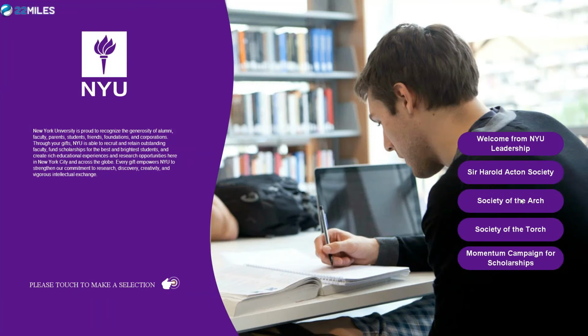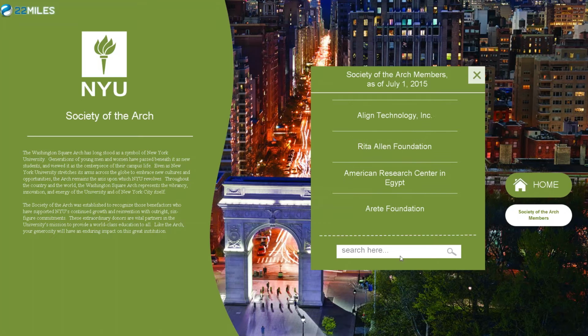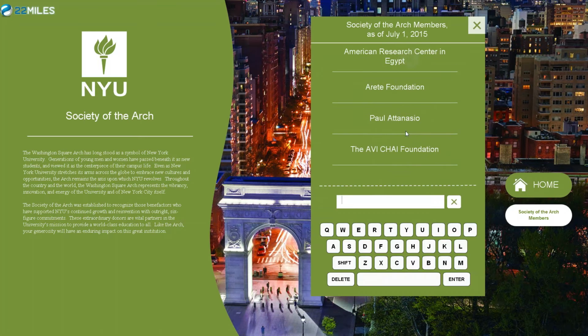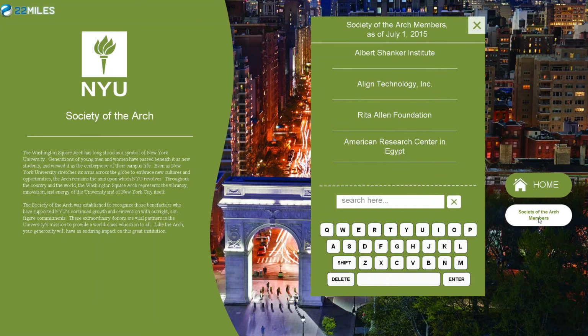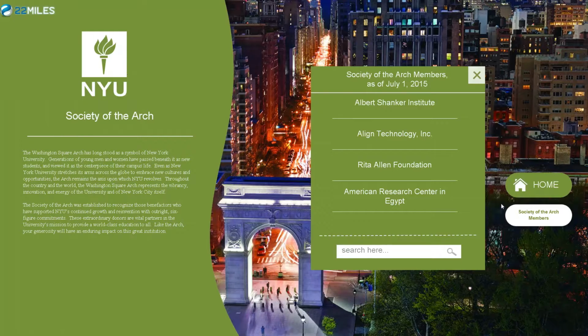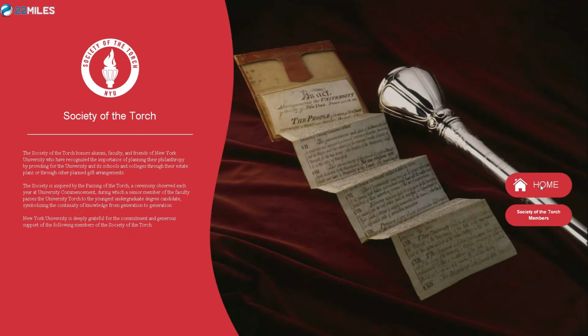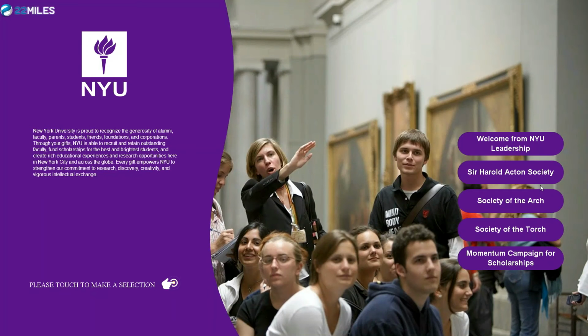They also have, let's say, Society of the Arch with an on-screen keyboard. Even the keyboard designs, from what I've shown you previously, they're all different. They all have their own look and feel, and that's, again, the flexibility of the system. And that's the simplicity in what TouchPlus offers built into our publishing.